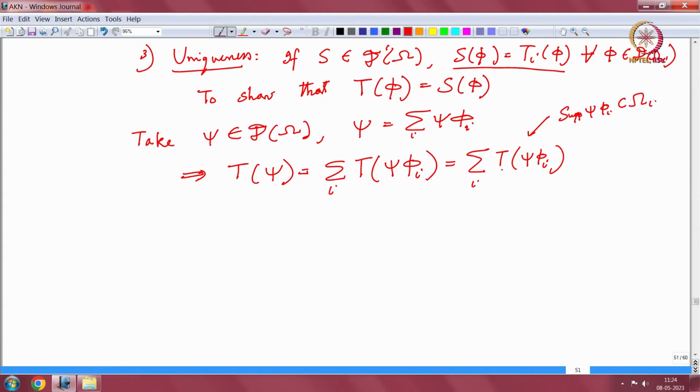So, this is nothing but Ti of psi phi I. But then Ti of psi phi I, this is also true. So, you see S is also the same thing.